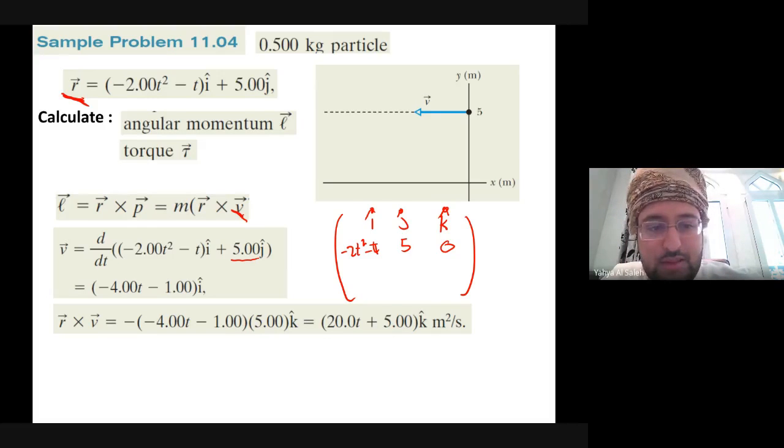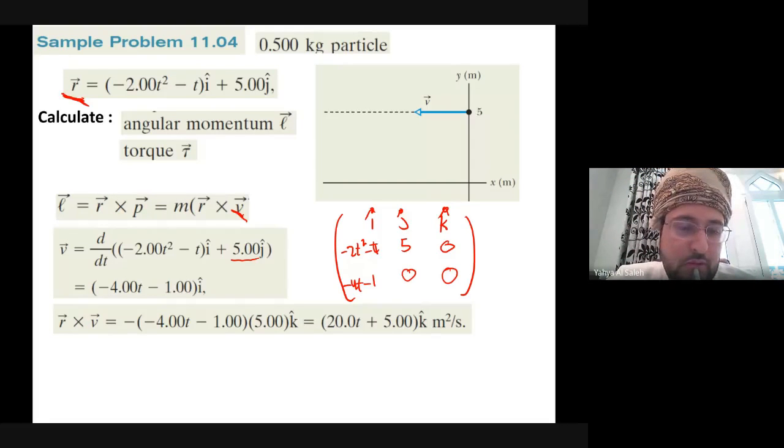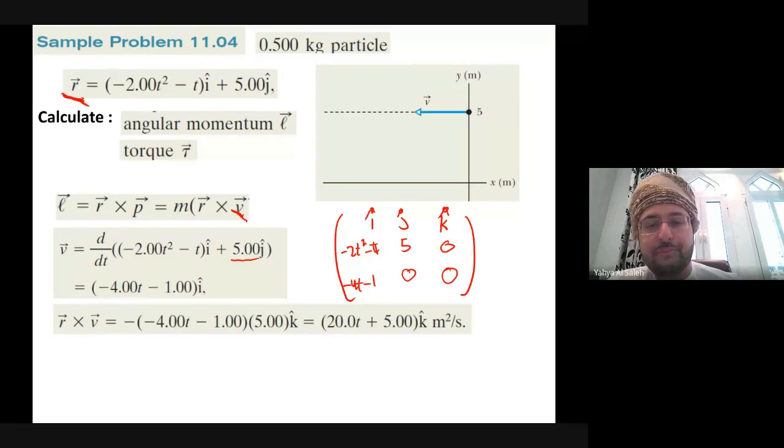And V, we said, is minus 4t minus 1, 0, 0. Now, if you start doing the cross product as we did it in chapter 2, you will see that the only thing I have is in the i and in the j.